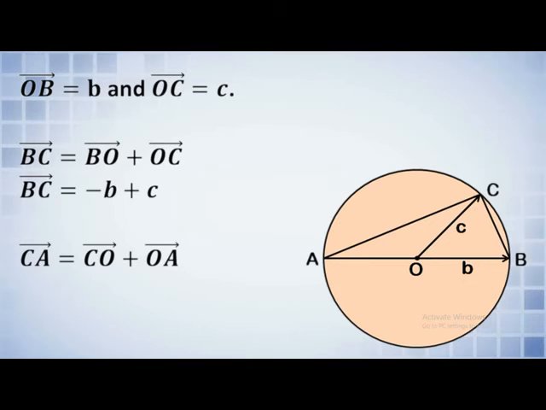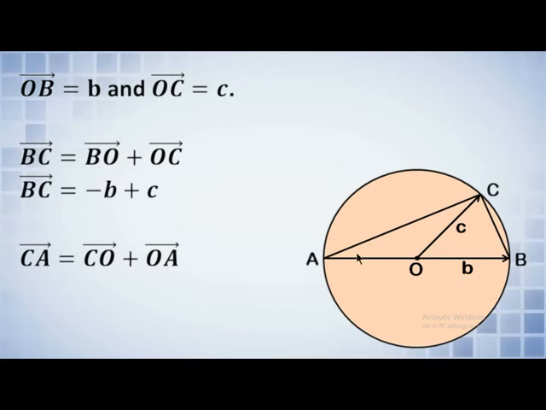Now, look at vector CA. See vector CA as a vector resultant. Vector CA is a vector resultant of CO plus OA. We know that CO is actually negative C, because CO is the same vector as C but in the opposite direction.